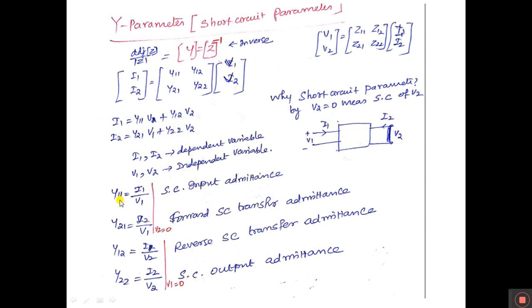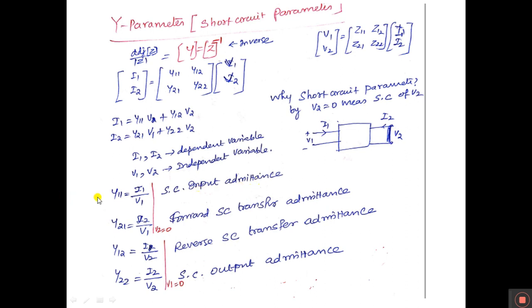Now this parameter Y11 is called short circuit input admittance. Z11 in the previous case is called open circuit input impedance. This is Y parameter. This Y parameter is called admittance.